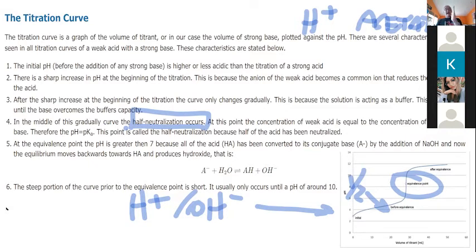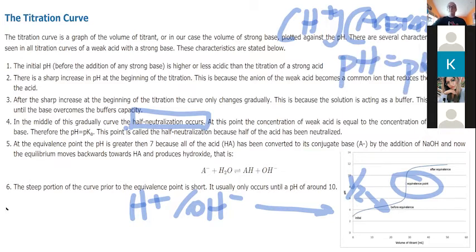Why? Because at the half titration point, exactly half of the acetic acid will be converted to H plus and acetate. Exactly half. And at that point, the pH is equal to the pKa.